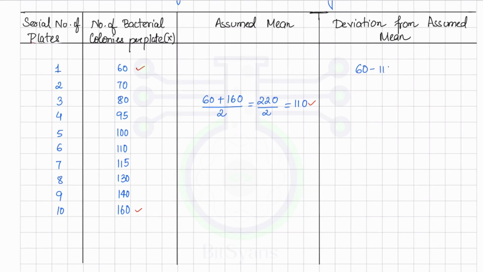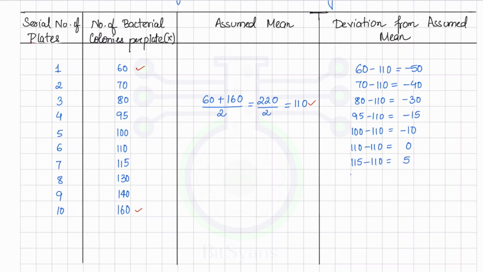It will be 60 minus 110 equals minus 50, 70 minus 110 equals minus 40, 80 minus 110 equals minus 30, 95 minus 110 equals minus 15, 100 minus 110 equals minus 10, 110 minus 110 is going to be 0, 115 minus 110 is equal to 5, 130 minus 110 equals 20, 140 minus 110 equals 30, and 160 minus 110 equals 50.